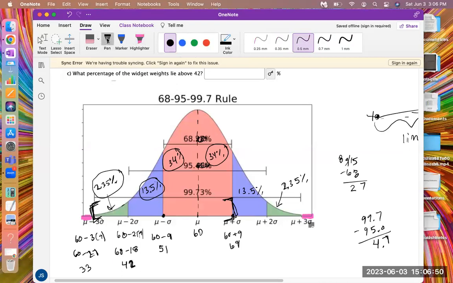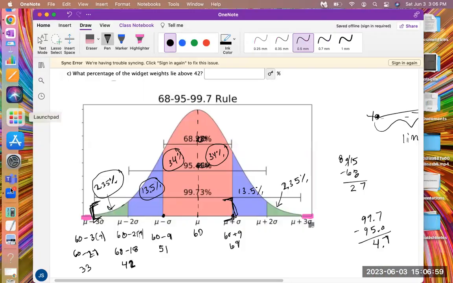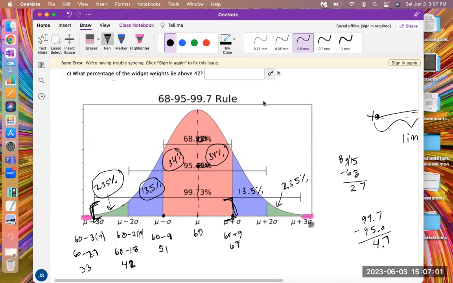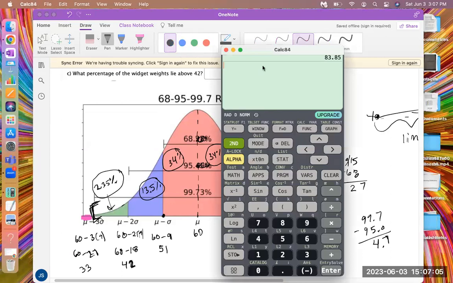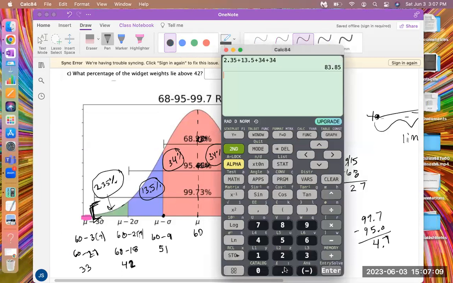Let me find my calculator. Wait, oh, it's 0.7 or 0.35, right? I'm sorry, it's 100%.